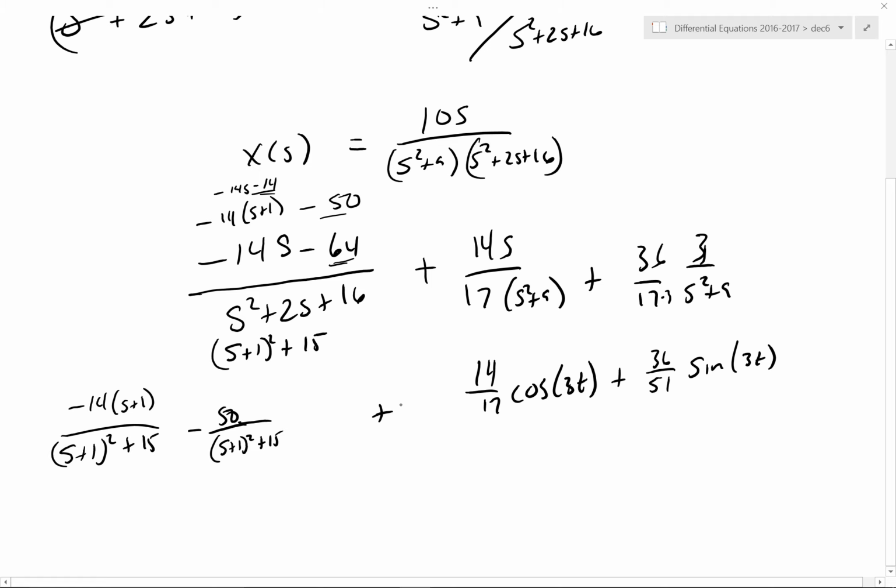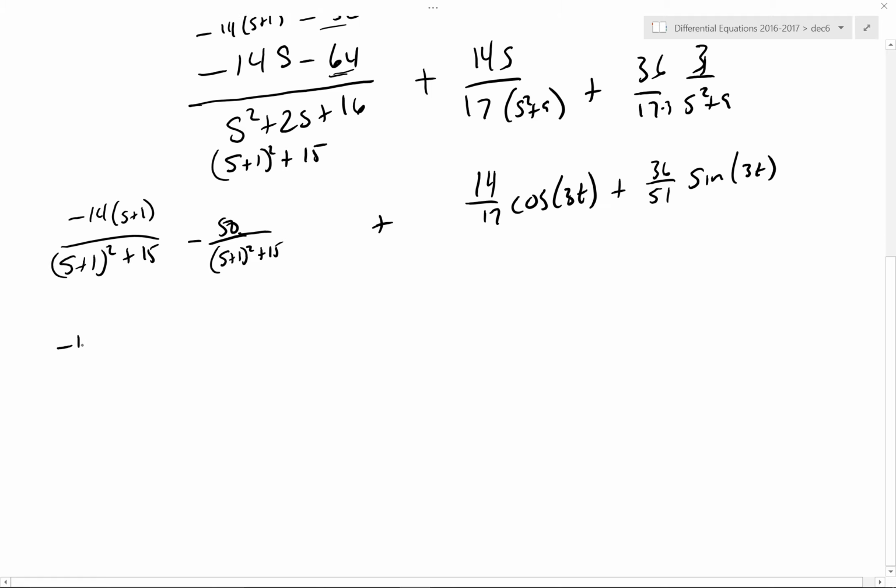Of course, we know what these are. These are negative 14 e to the negative t cosine square root of 15 t. And of course, this is going to be negative 50 over the square root of 15, oops, there's an e to the negative t right here, sine square root of 15 t. Okay?